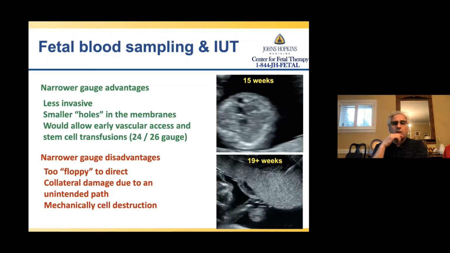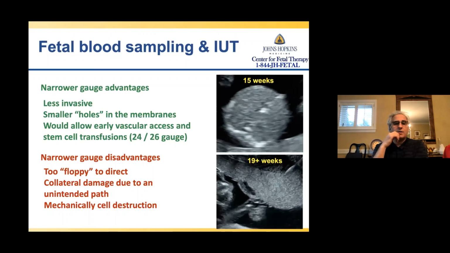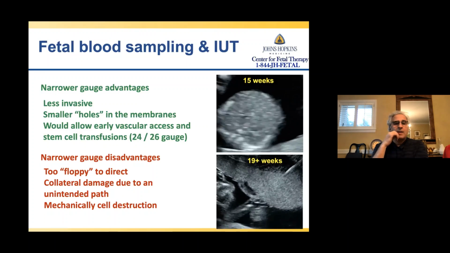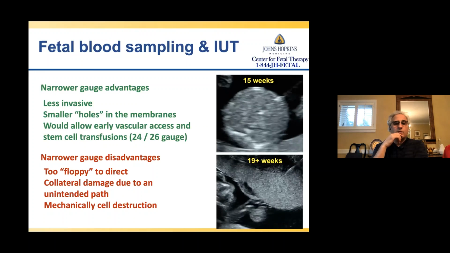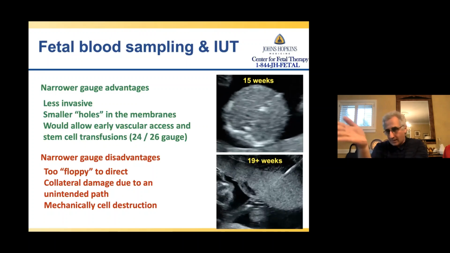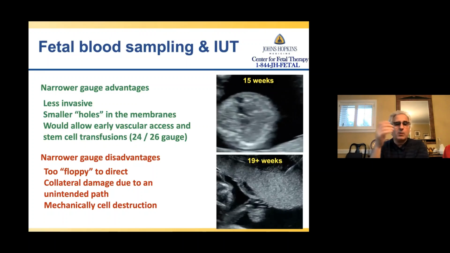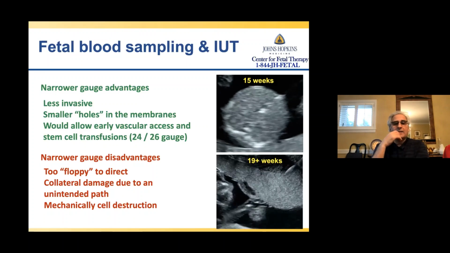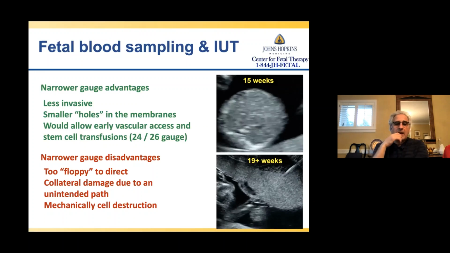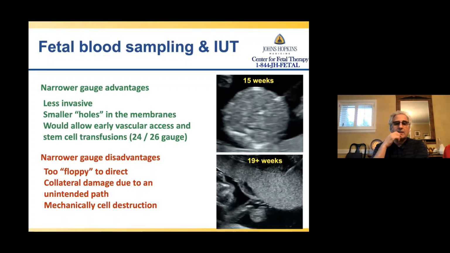The narrower gauges have the disadvantage also that they may produce collateral damage because you can't direct the needle, so you end up somewhere where you don't want to be. And they might mechanically destroy red cells.